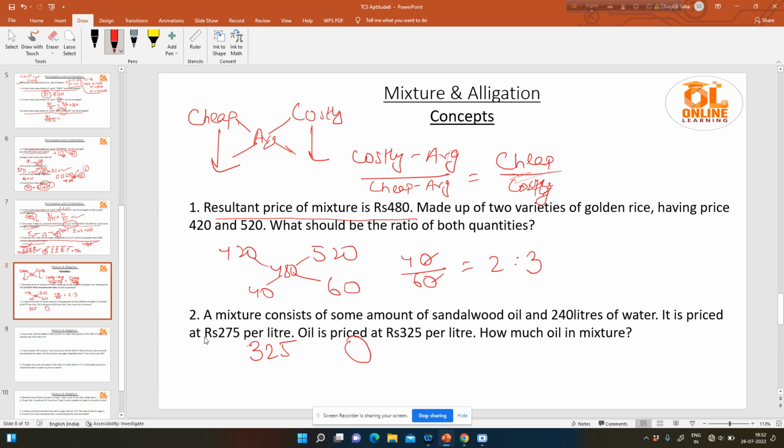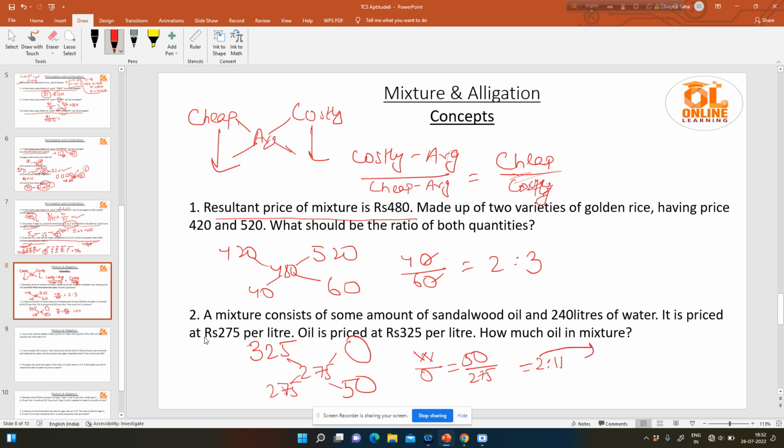And what is the cost of the mixture? It is 275. So 325 minus 275 is 50. 0 minus 275 is 275. So the water and oil ratio is 50 by 275, which becomes 2 is to 11.